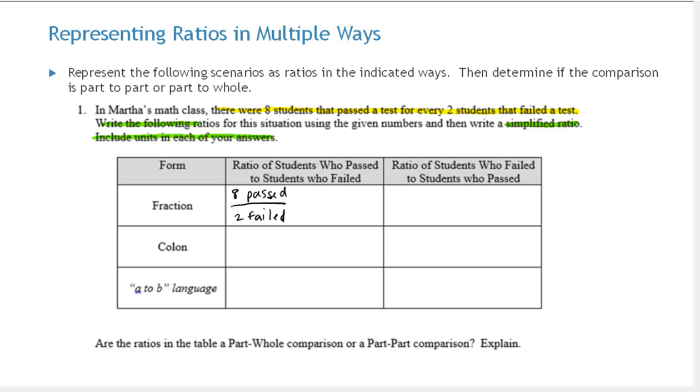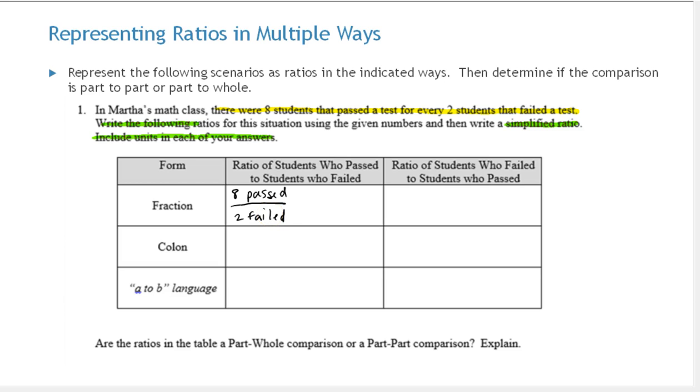Now, I highly suggest that when you write your ratios in these problems, you include what they're representing. Okay, so officially with ratios, if the units are the same, this is students to students, the units actually cancel out, but the passed and failed quantities are going to help you remember which each number corresponds to, and it's going to help us solve problems later.